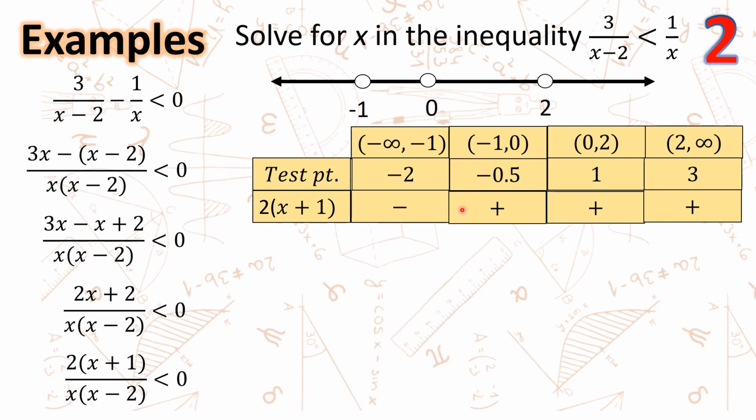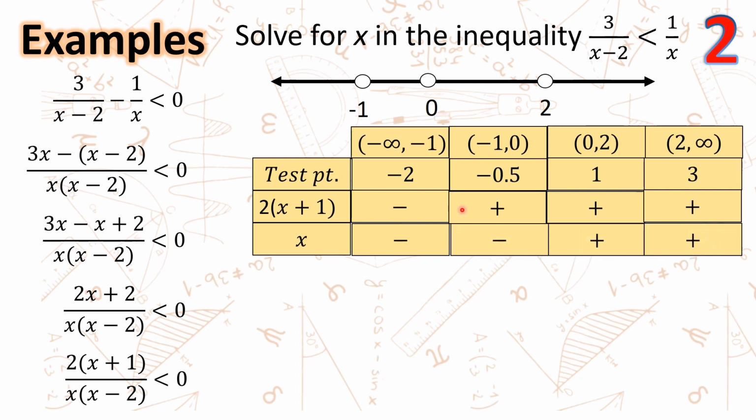The next expression is at the denominator, which is x. So the signs of the test points will be the signs of x. Negative, negative, positive, positive. Another one, we have x minus 2. So at interval negative infinity to -1, x minus 2 will be negative.